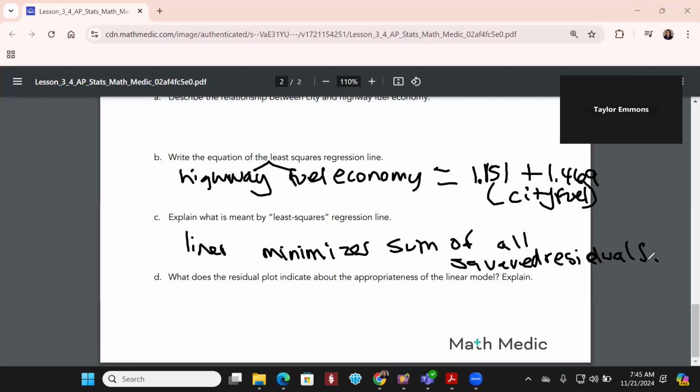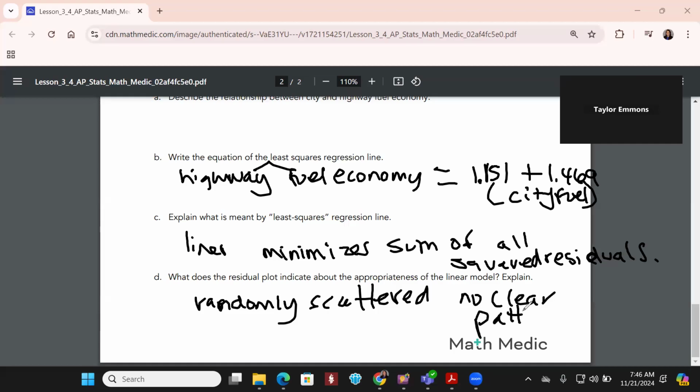Does it have a clear pattern or is it randomly scattered? It's randomly scattered. It still follows that trend. So, no clear pattern, which means that the line is good for making a prediction.